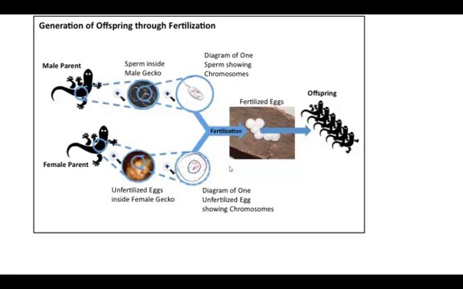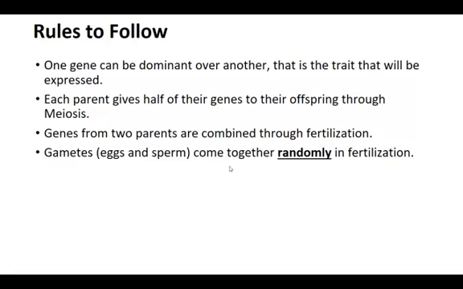Okay. Hopefully at this point you have spent some time trying to make sense of this picture, zooming in at the molecular level. And I hope when you were making sense of this picture, you started thinking about some of our rules. I hope at some point you thought about the fact that one gene can be dominant over another, and that's the trait that will be expressed, and how each parent gives half their genes to their offspring through meiosis, and how genes from two parents are combined through fertilization, and how these gametes, these eggs and sperm, can come together randomly in fertilization.